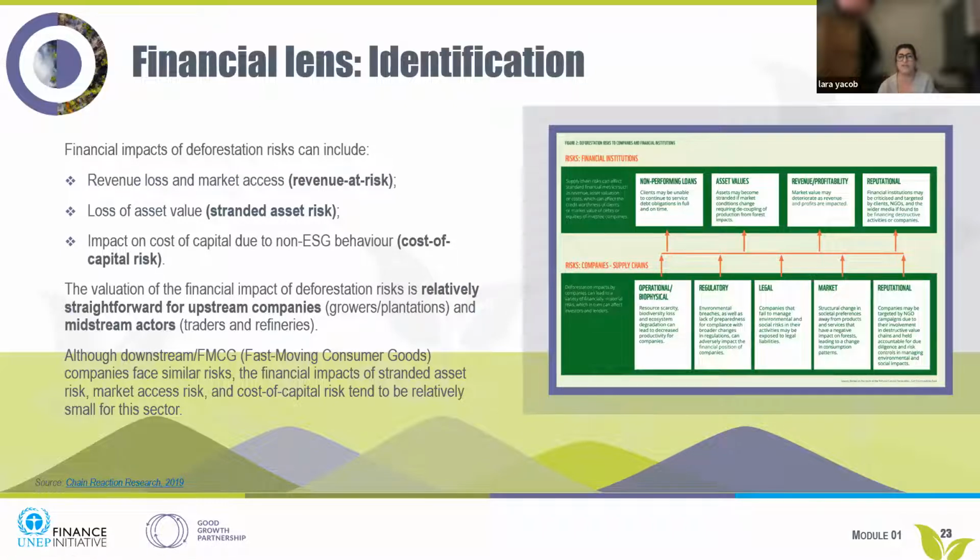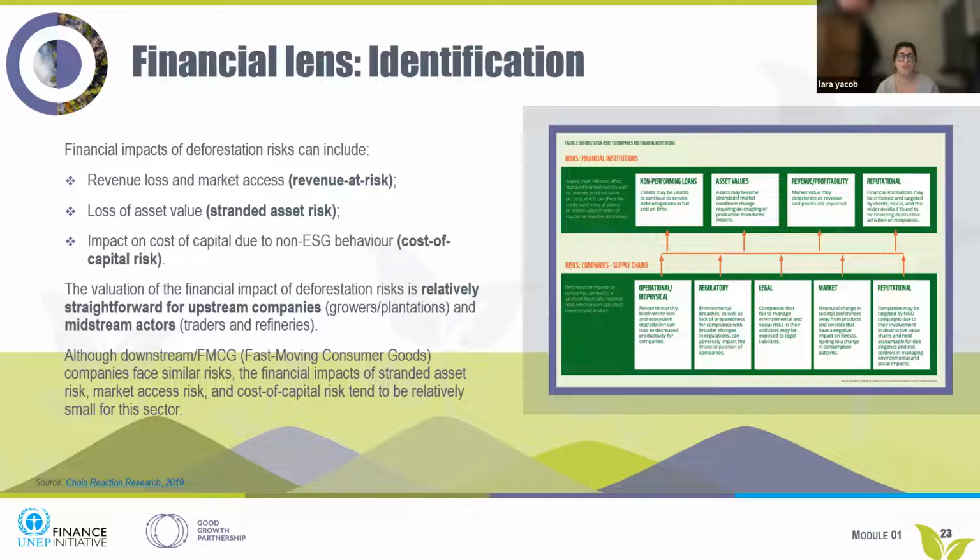So many factors feed into the financial lens. And I would say out of all three risks, the financial one is really the most important for a bank, but it's also the one that is the hardest to develop a business case for, because of the difficulty in connecting and quantifying deforestation risks in actual terms like revenue loss.